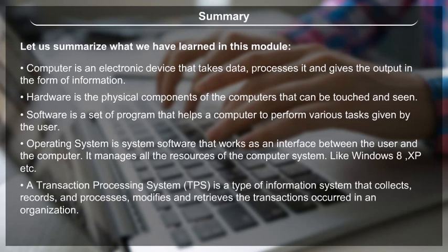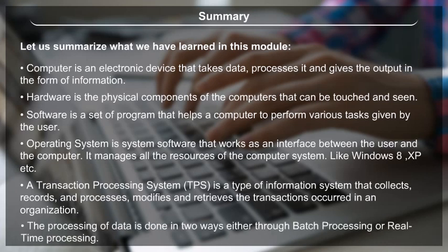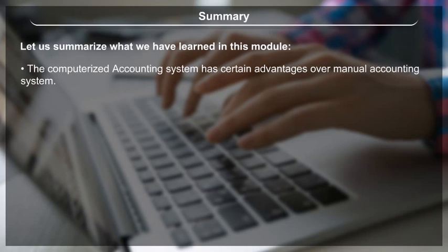A transaction processing system, TPS, is a type of information system that collects, records, processes, modifies, and retrieves the transactions occurring in an organization. The processing of data is done in two ways, either through batch processing or real-time processing. The computerized accounting system has certain advantages over the manual accounting system.